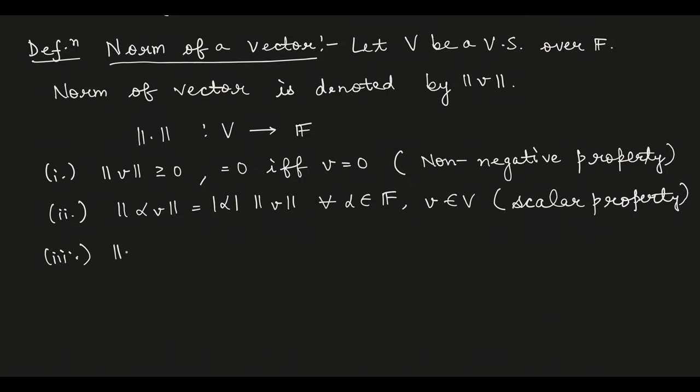Now the triangle inequality property. Norm of U plus V is less than or equal to norm U plus norm V, for all U, V belonging to vector space V. This is the triangle inequality property.